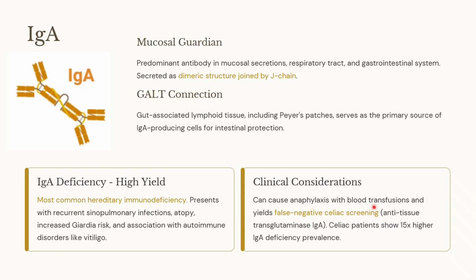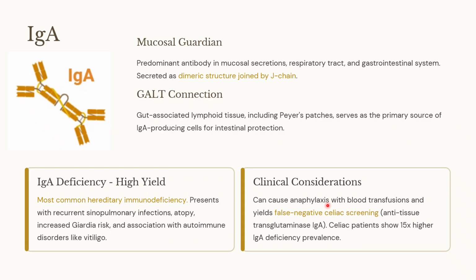It can cause anaphylaxis with blood transfusions. Why should it be? This is because the blood which is being transfused by the donor will be containing IgA antibody. Here that IgA antibody acts as an antigen to the recipient because the recipient doesn't have IgA in it. So the IgA antibody is considered foreign.